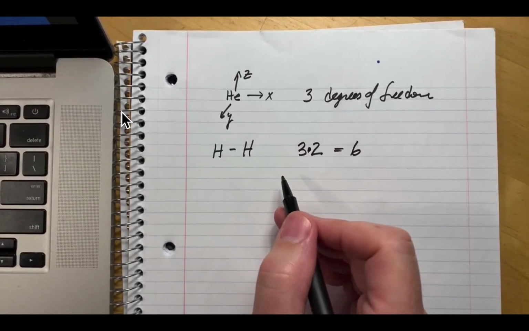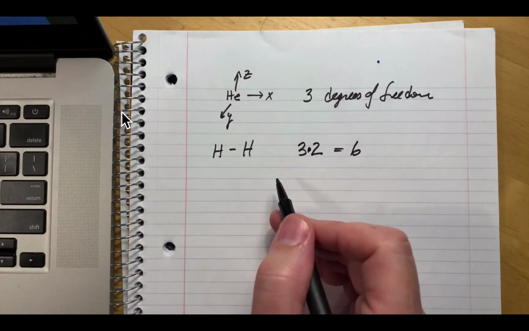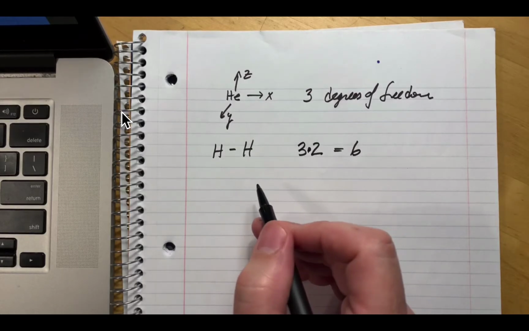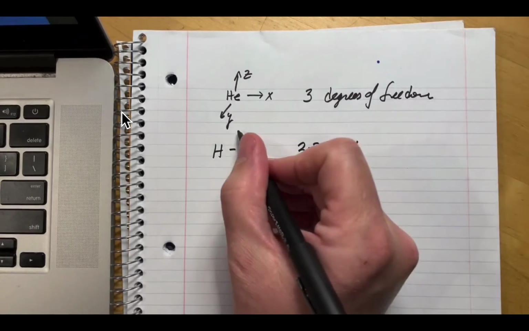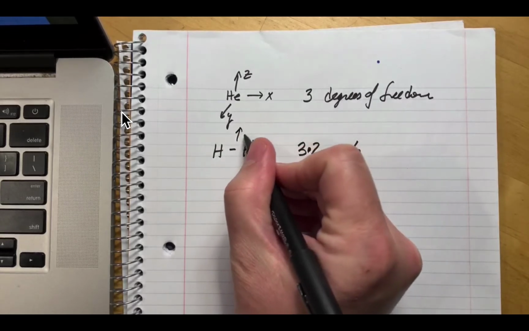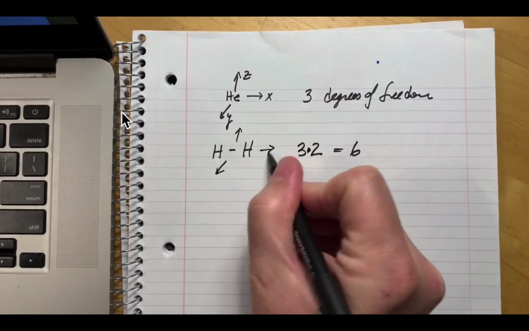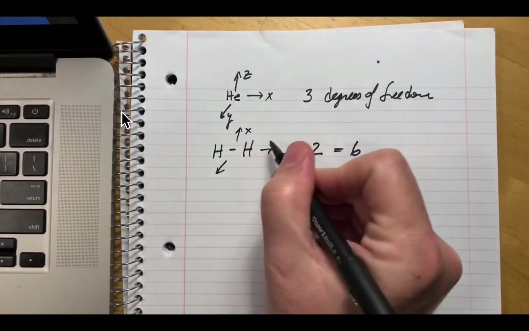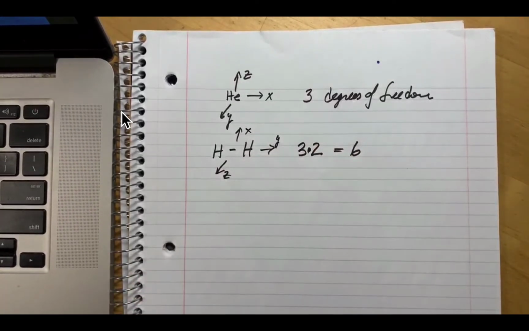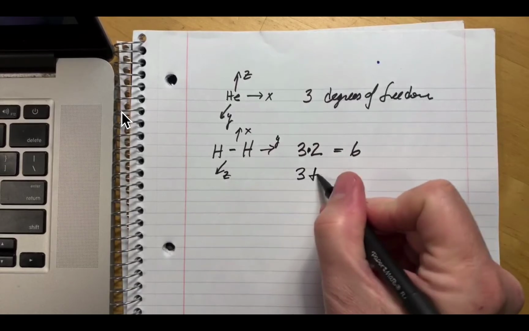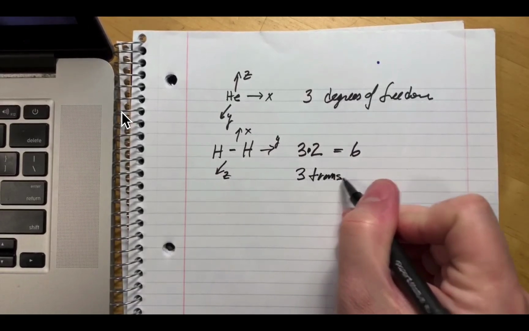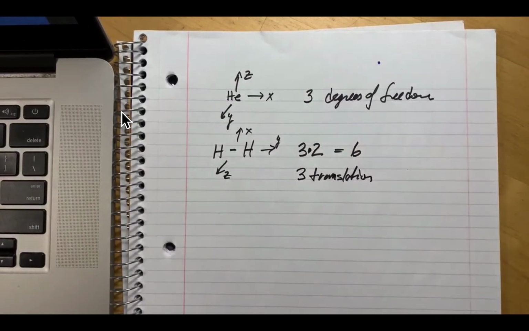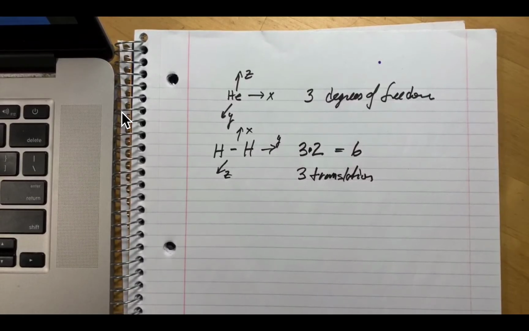Now some of those movements get lost. So we have now translation of the whole molecule in the x, the y, and the z direction. So there's 3 translations of the molecule. And there's 2 different rotations that are good rotations for this molecule.